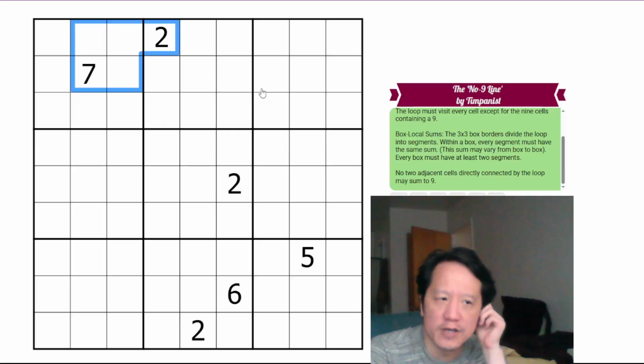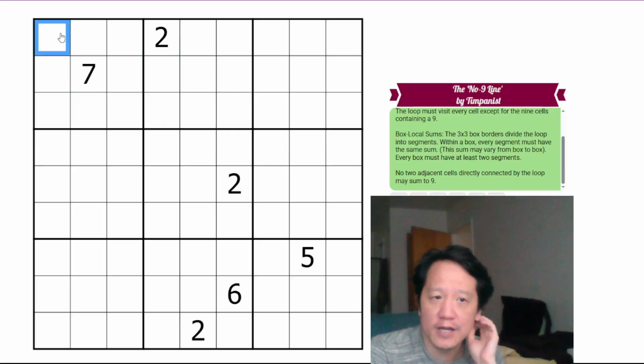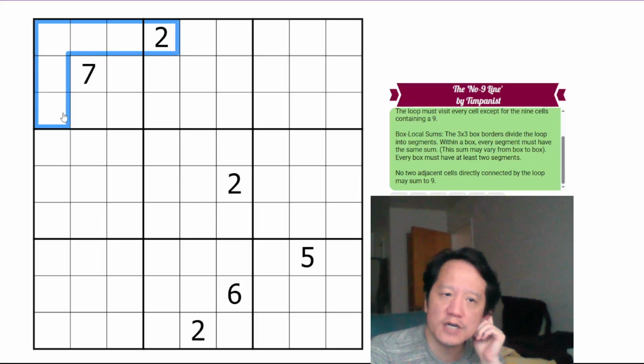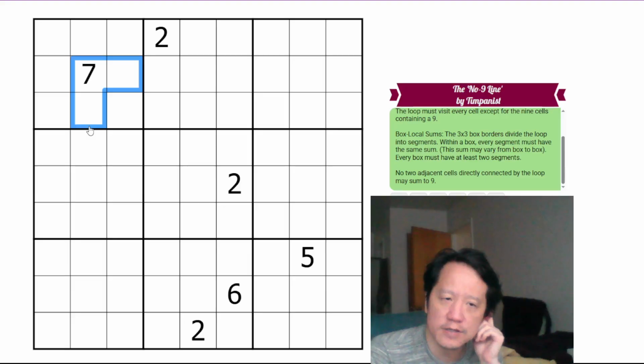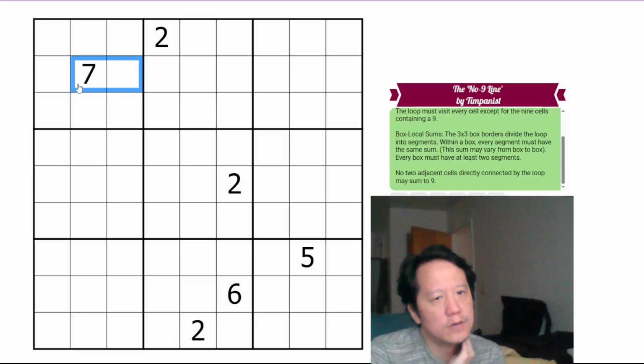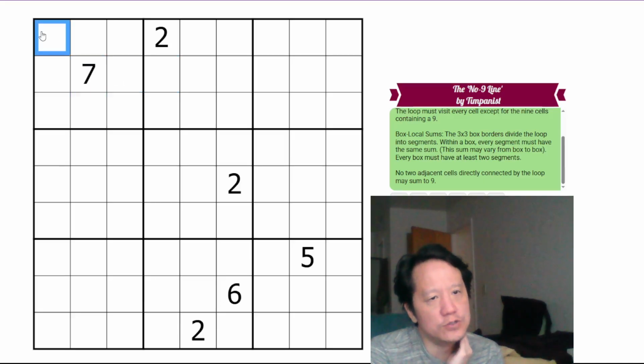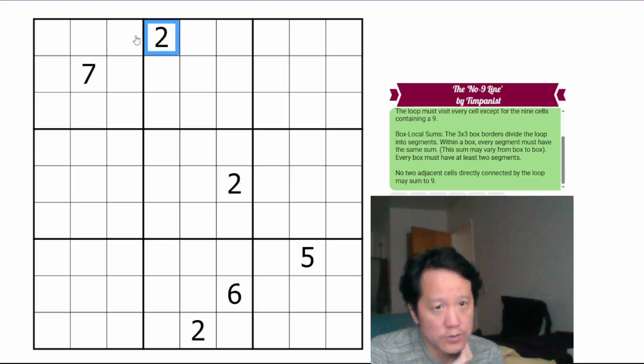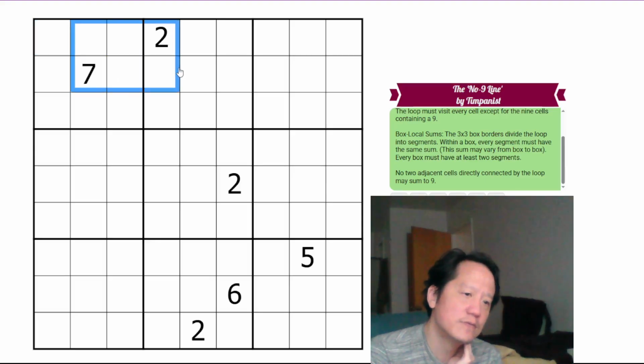So if we do not have 9 in the corner, that means that you'll always have something like this. Since 7 is here, it has to go in and out. It can't go diagonal here, so it'd have to do that. If we do have a 9 in the corner, how does that break apart? You can't do something like that.